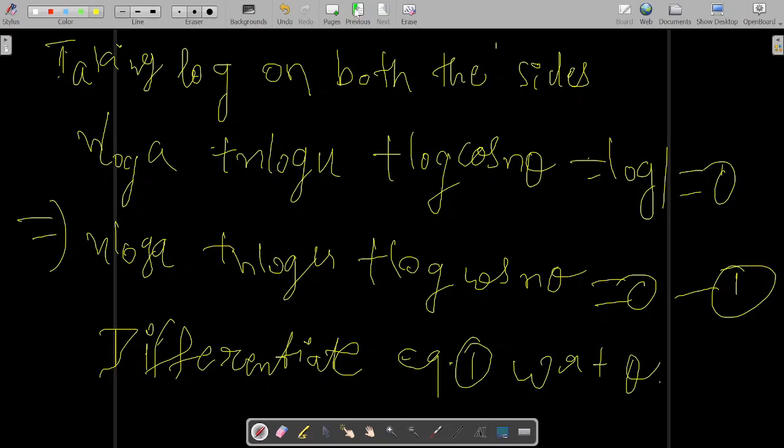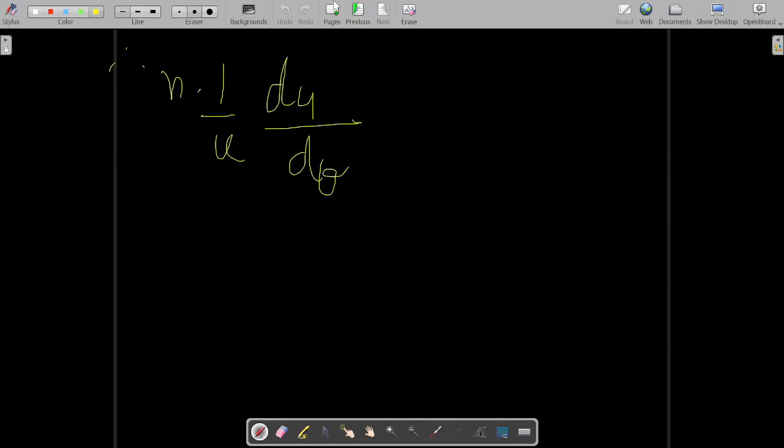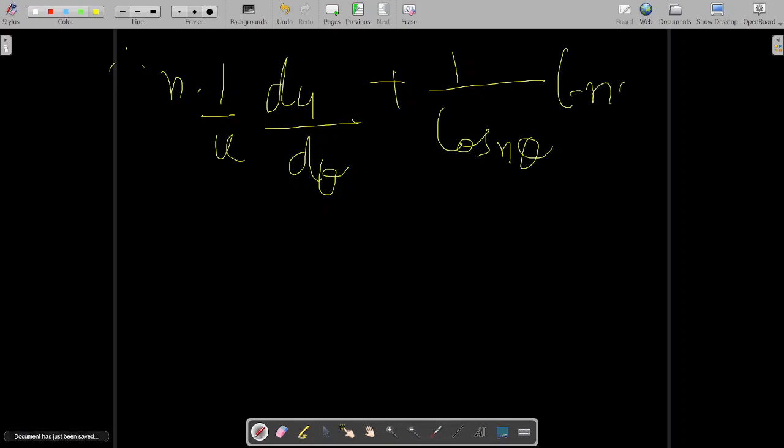What do you get after you do that? n into 1 by u du by d theta, plus 1 over cos n theta into minus n sin n theta, is equal to 0.